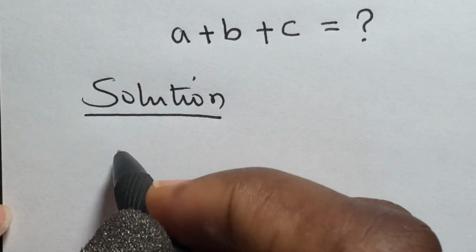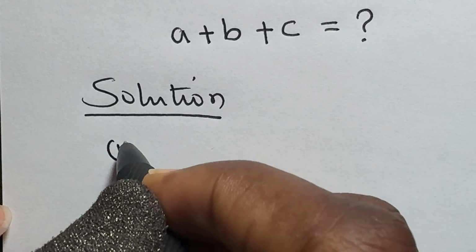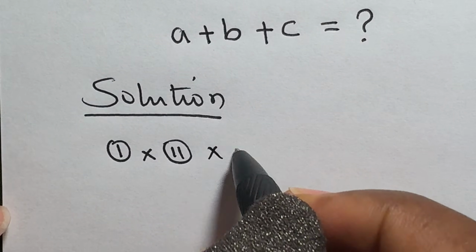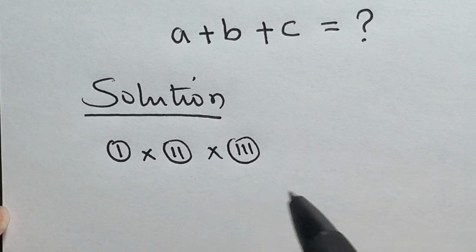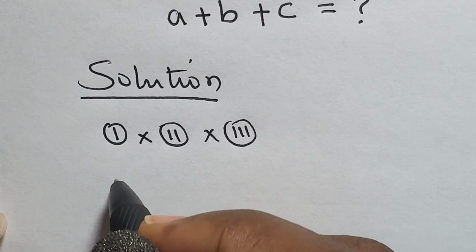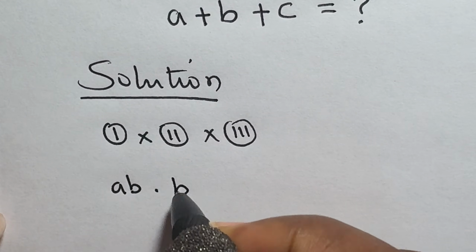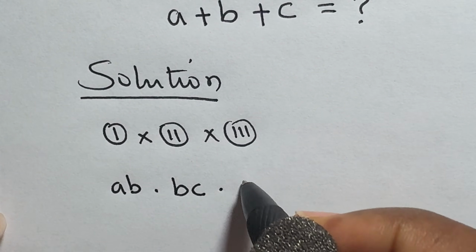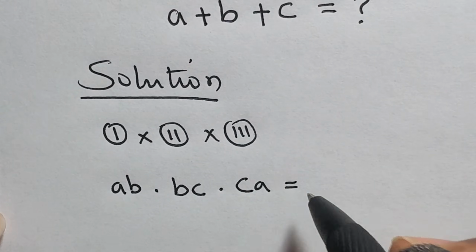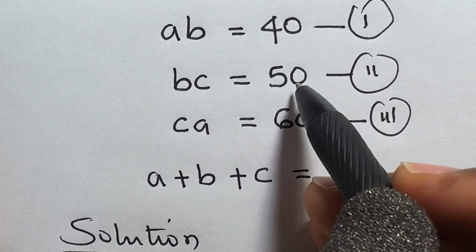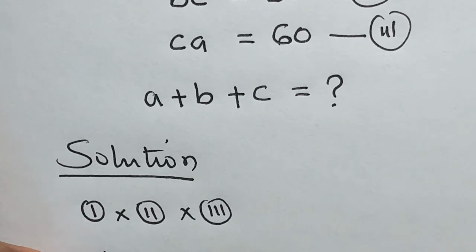Let us go ahead and multiply equation 1 by equation 2 by equation 3. This will give us AB times BC times CA is equal to 40 times 50 times 60.